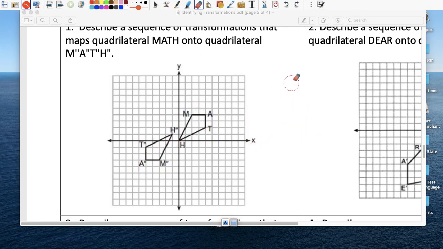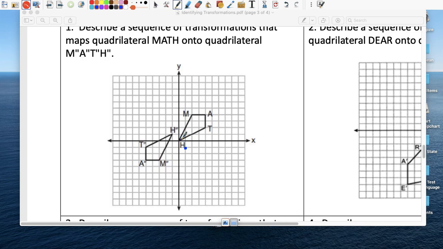The one thing you have to do is look at point H. H is over there. For H double prime to end up over there after a rotation of 180 degrees, it should have started over here. So we're going to move this piece from the origin, where H is right now, to -1, and move the rest.